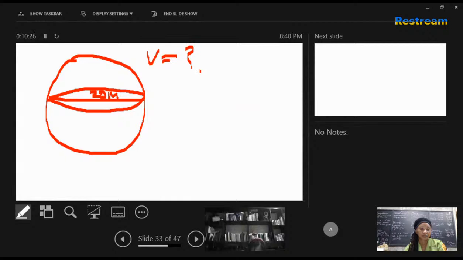The volume would be 4/3 times pi times the radius cubed.